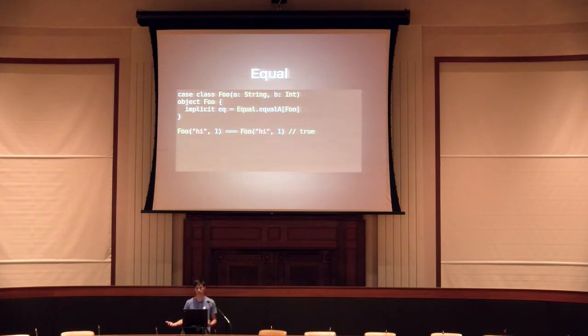Case classes already have good value equality, so we can use this equalA method and just give it the type parameter, and now we can use Scalaz's triple equals operator to safely compare two of these case classes. And like I said, you have to already trust value equality, or rather the equals method, on whatever you're using to do that.